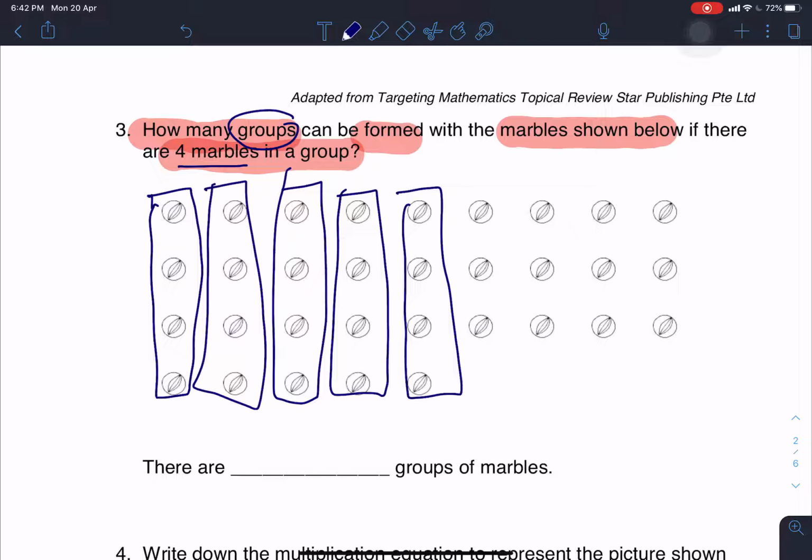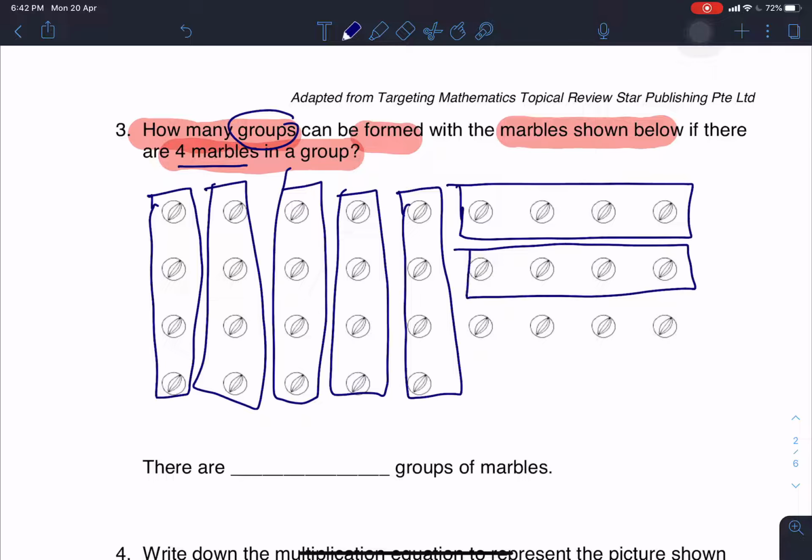I continue, and over here I'm able to circle it like that. I count 1, 2, 3, 4, 5, 6, 7, 8. So there are 8 groups of marbles.